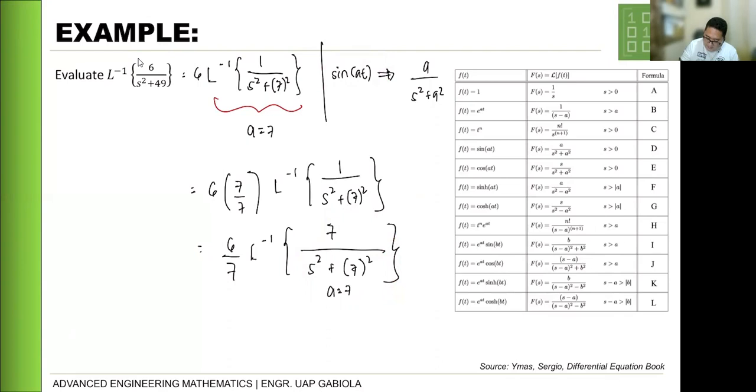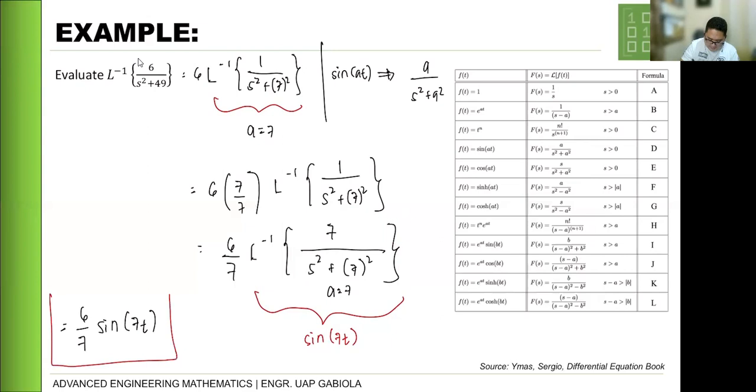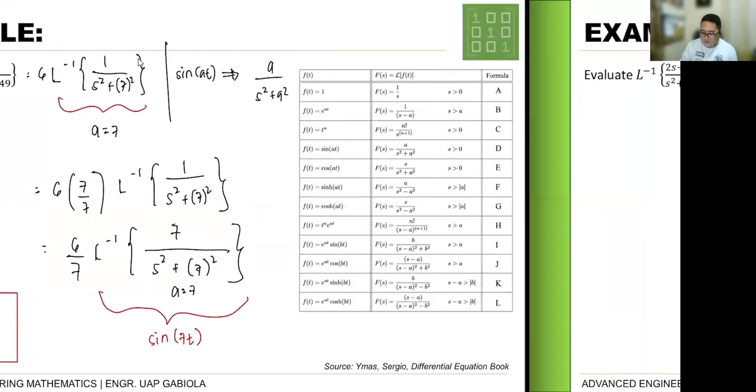So, this transformation is equivalent to sine of 7t. So, our final answer will be 6 over 7 sine of 7t. Okay, so this will be our final answer. Okay, right. So, okay, moving forward to another example.